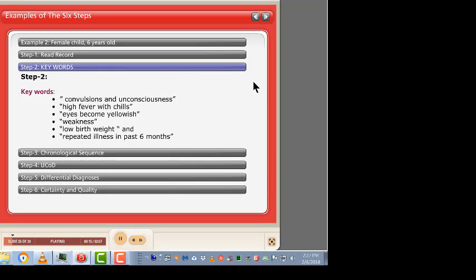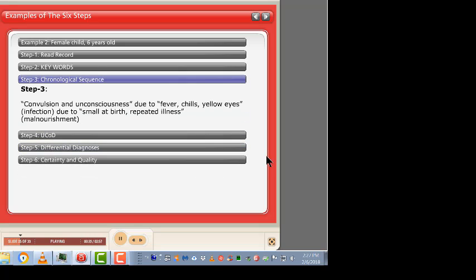Keywords: convulsions and unconsciousness, high fever with chills, eyes become yellowish, weakness, low birth weight, and repeated illness in past 6 months. Step 3. Convulsion and unconsciousness due to fever, chills, yellow eyes, infection, due to small at birth, repeated illness, malnourishment.